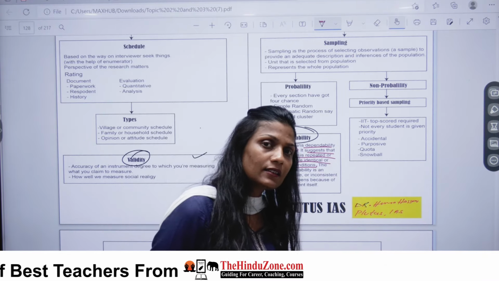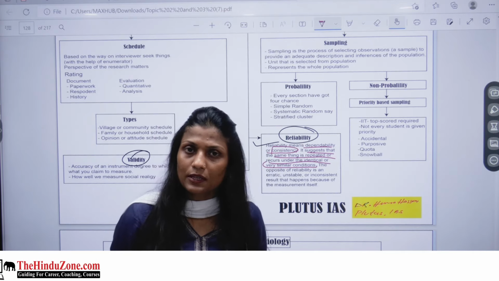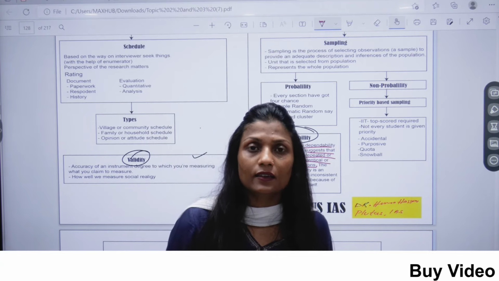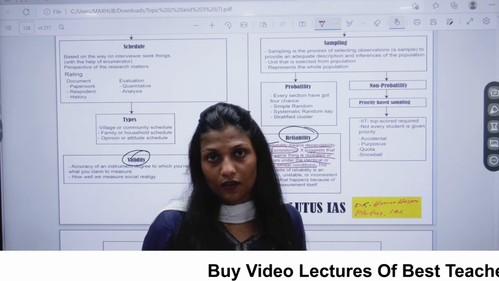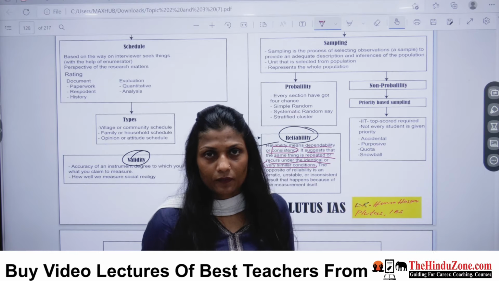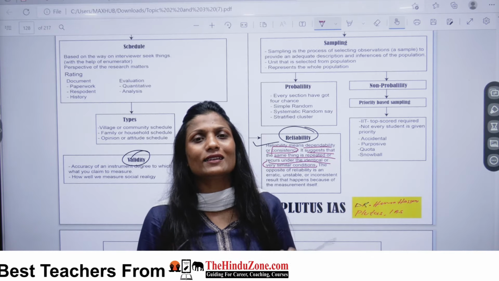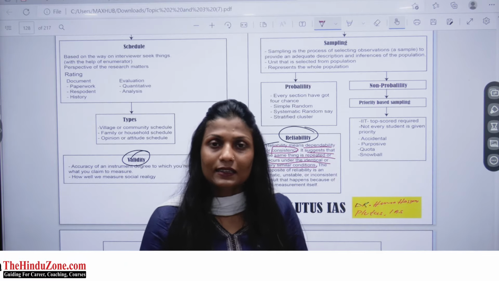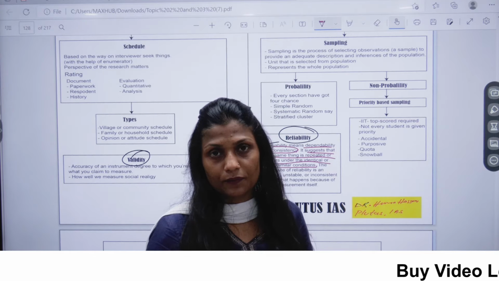If somebody else conducted research in some other part of India, let's say I conducted my research in Delhi and somebody else in Calcutta, but we both are looking at poverty, my findings and his findings will be very similar or closely related. That is how we conduct research and can have accuracy.